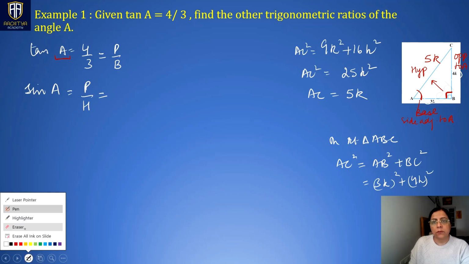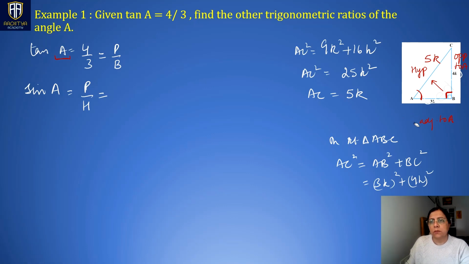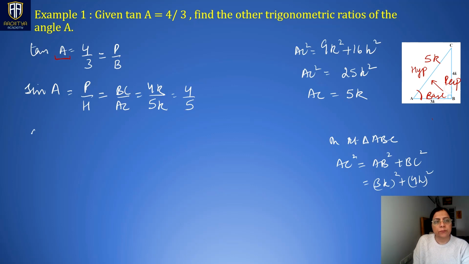Let me write these. This is base and this is perpendicular. So now I write the ratios here. Sine A is perpendicular upon hypotenuse. Perpendicular is BC upon hypotenuse AC. Perpendicular is 4k, hypotenuse is 5k. So this becomes 4 by 5.